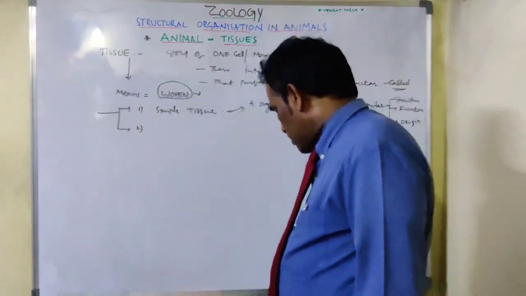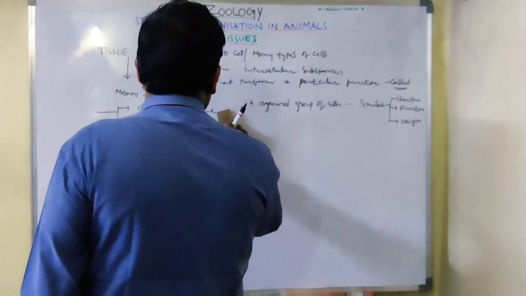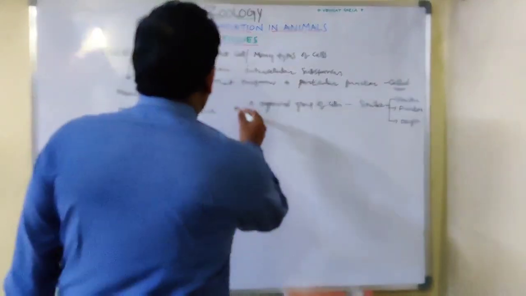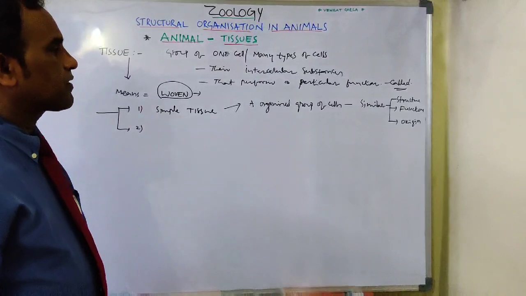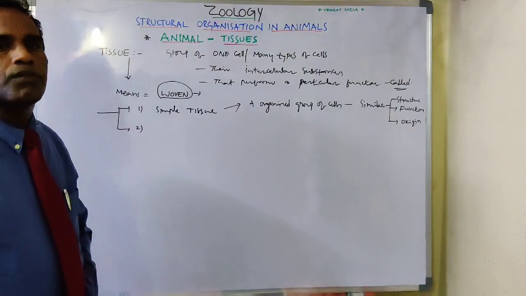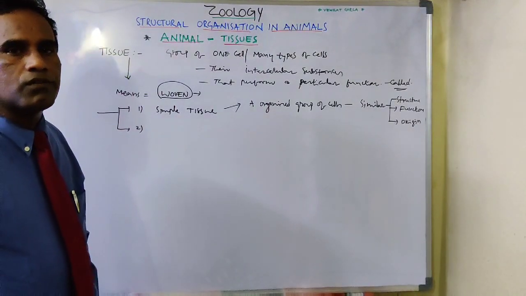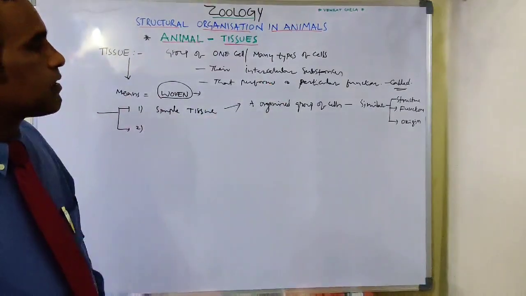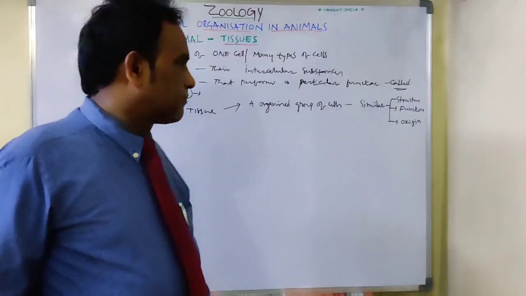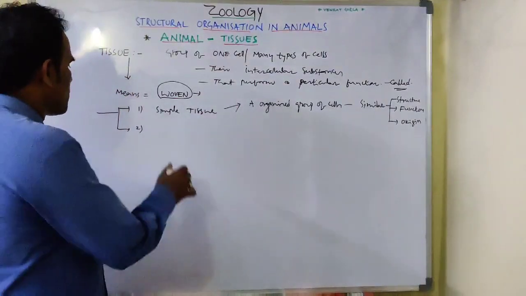A simple tissue may be defined as an organized group of cells which are similar in structure, similar in function and of the same embryological origin.